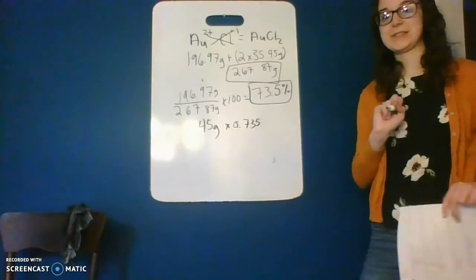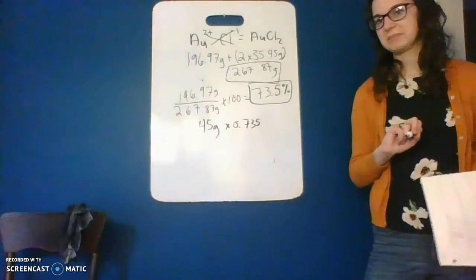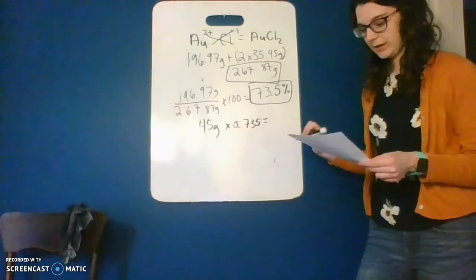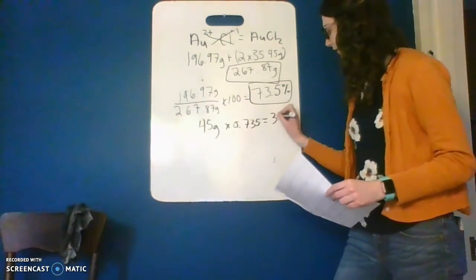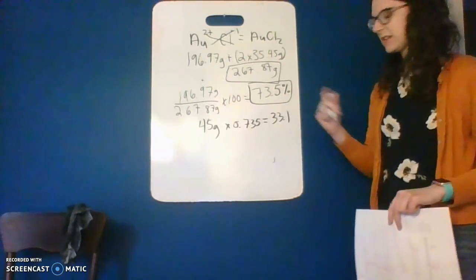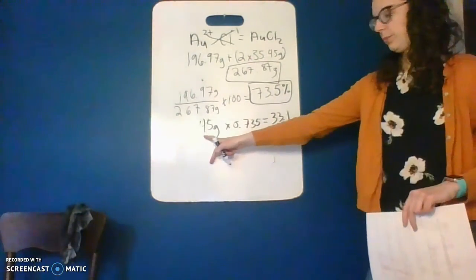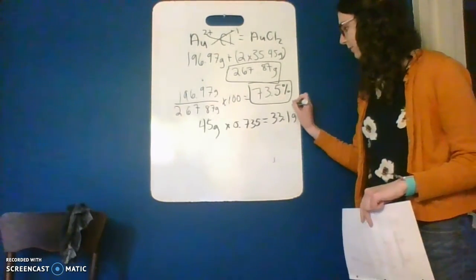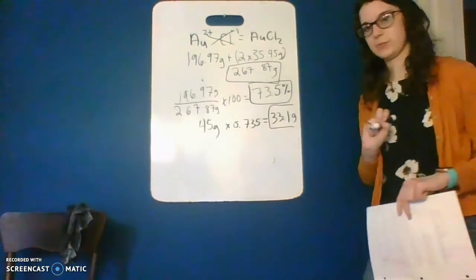Sometimes it ends up multiplying by 73.5 instead. I don't like that. I need 0.735. When I do that, I get 33.1. What is my unit here? Percent doesn't really have a unit, but my original unit was grams. So that's 33.1 grams of gold in that sample.